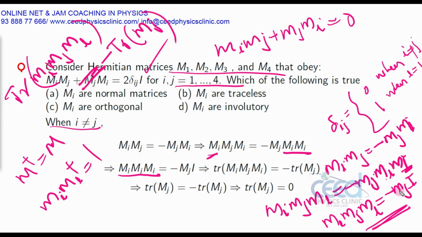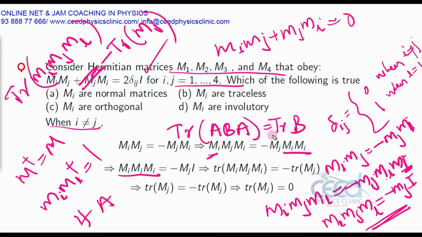Now you can see this MiMjMi for a Hermitian matrix. This is also a property of a Hermitian matrix: trace of ABA is equal to trace of B when A is Hermitian.